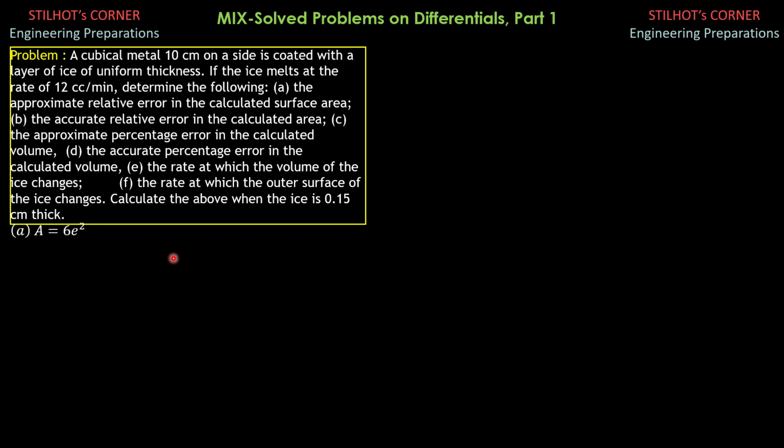The differential error in the measured side is 2 times 0.15. If you draw a cube, one face, the ice coating is 0.15 thick on one side and 0.15 on the other side. So the total error would be 2 times 0.15. So differential area is 6 times 2E dE.